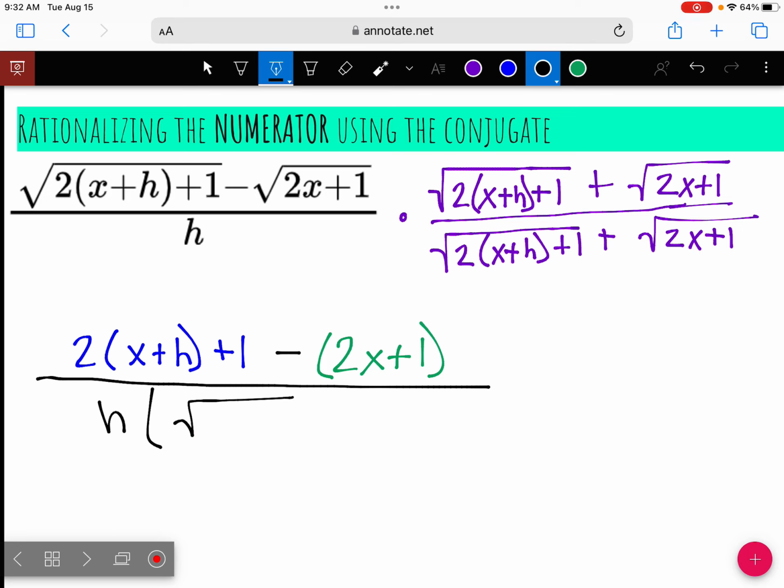Square root 2x plus h plus 1 plus square root x plus 1. Once you get this step, you've done the hardest part. Finding the conjugate and multiplying your numerator, which is difference of squares. Then we have to just simplify our numerator a bit.